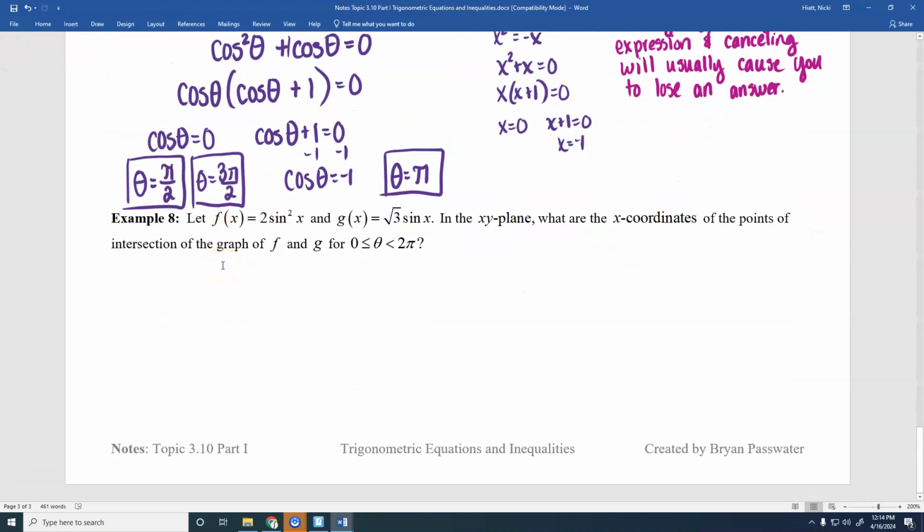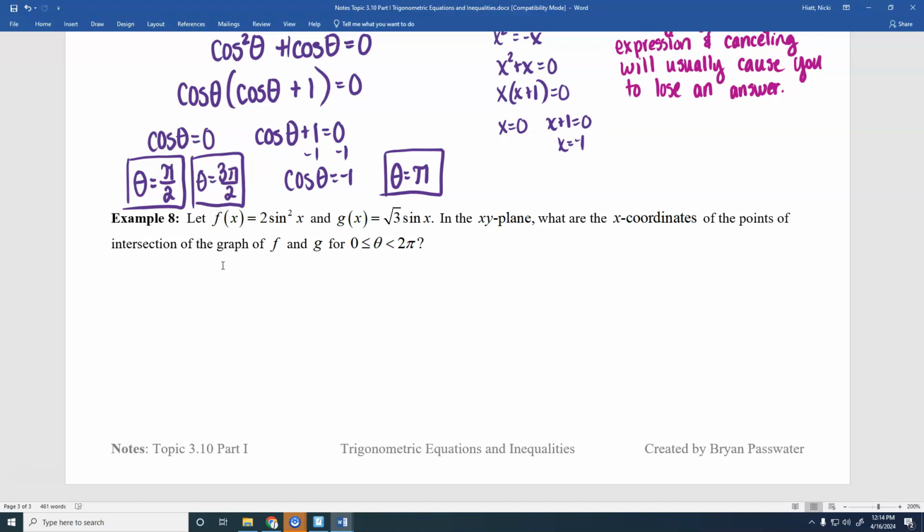Example 8 is going to be pretty similar. For example 8, they have worded this differently. It's not just asking you to solve an equation, but it's saying let f of x equal 2 sine squared x and g of x equal square root of 3 sine x. And what in the xy plane are the x coordinates of the points of intersection of the graphs of f and g?